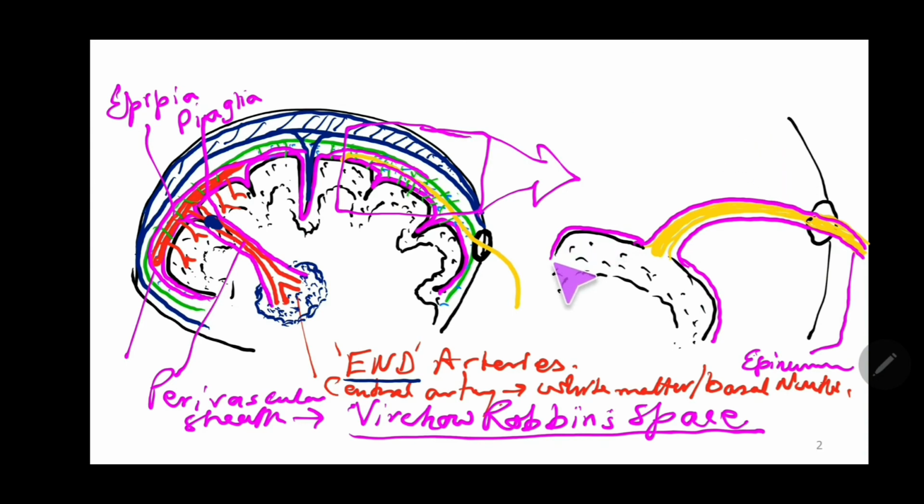Then outside to this, as I told you, was this arachnoid mater, right? So this is arachnoid mater. Now below the arachnoid and between the pia there is this CSF. This also I told you.